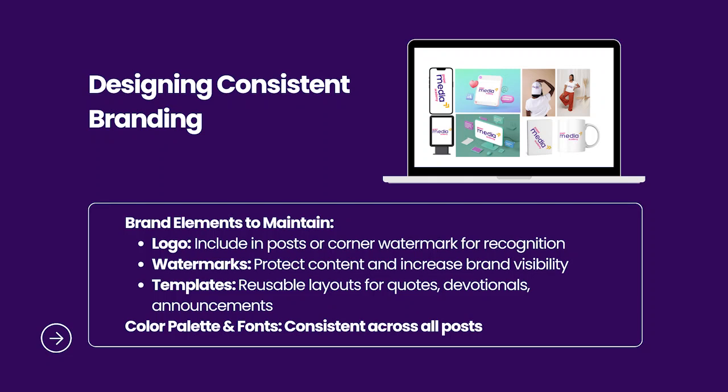I'm sure you've seen some photos of NTV and you see that NTV logo, or you've seen some photos from different companies and you see the logo. So it's important that in your posts, the logo appears, whether it's the videos, the photos, or the graphics, the logo should be able to appear. And then the watermarks, you should protect your content and increase brand visibility.